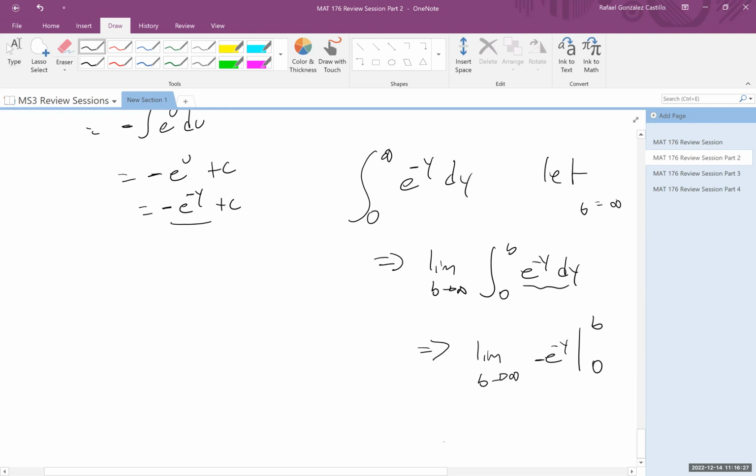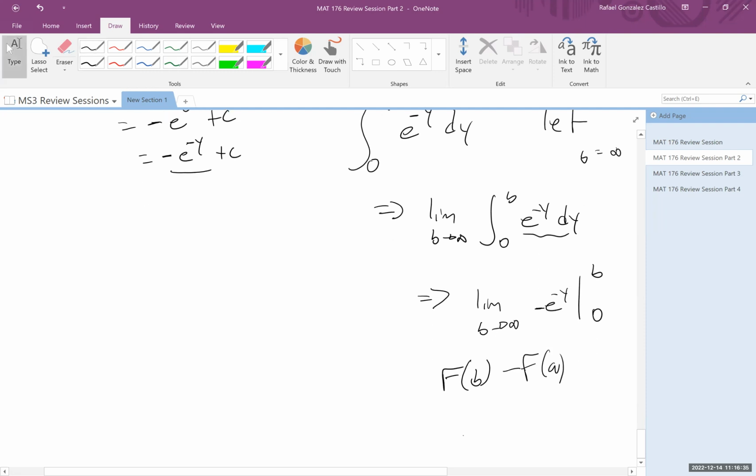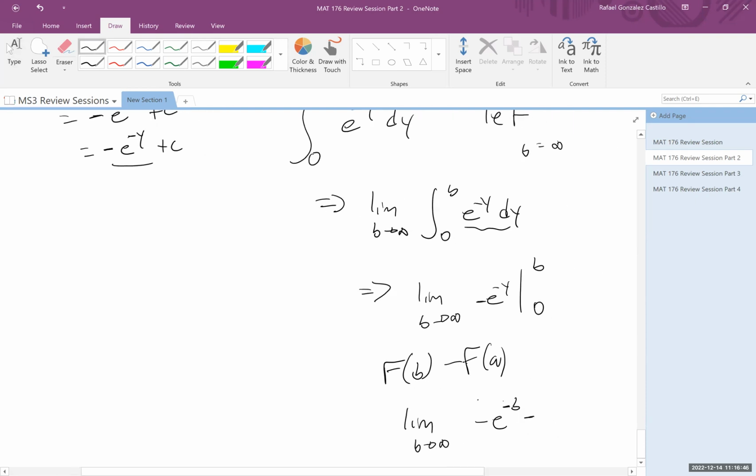Now, we're going to use the fundamental theorem of calculus, which says compute f of b minus f of a. And we have the limit as b goes to infinity of negative e to the negative b minus negative e to the negative 0.